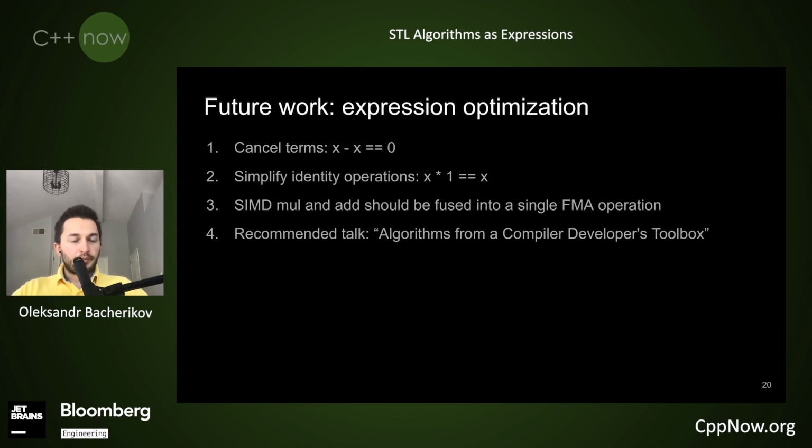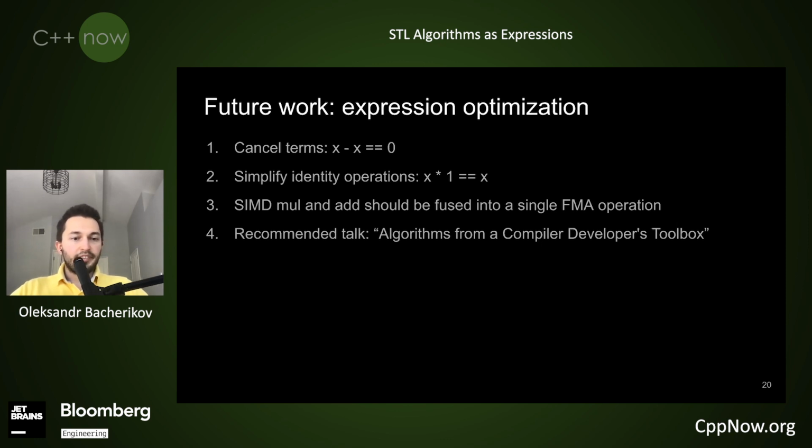An important topic for expressions is their optimization, which nowadays compilers mostly do for us. It can be like canceling identical terms, simplifying identity operations.